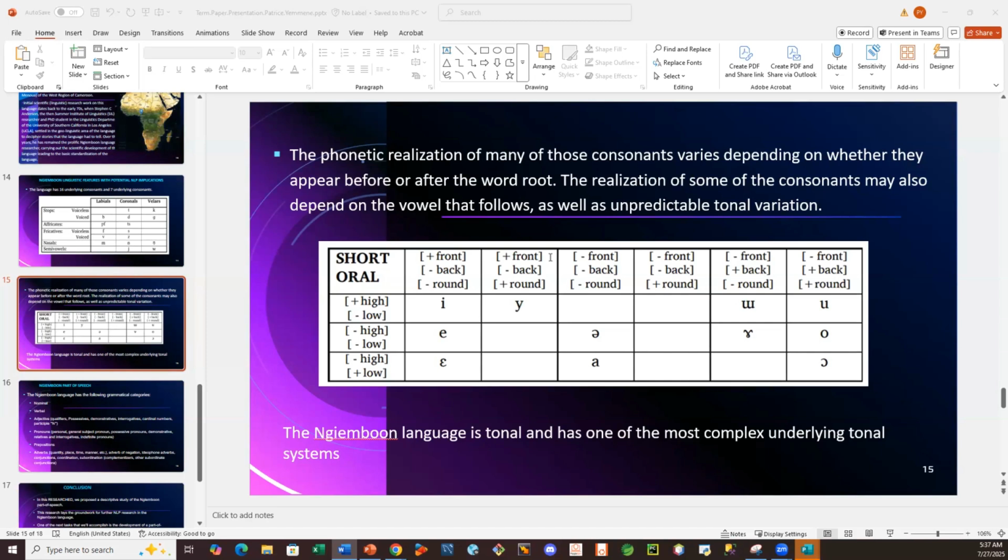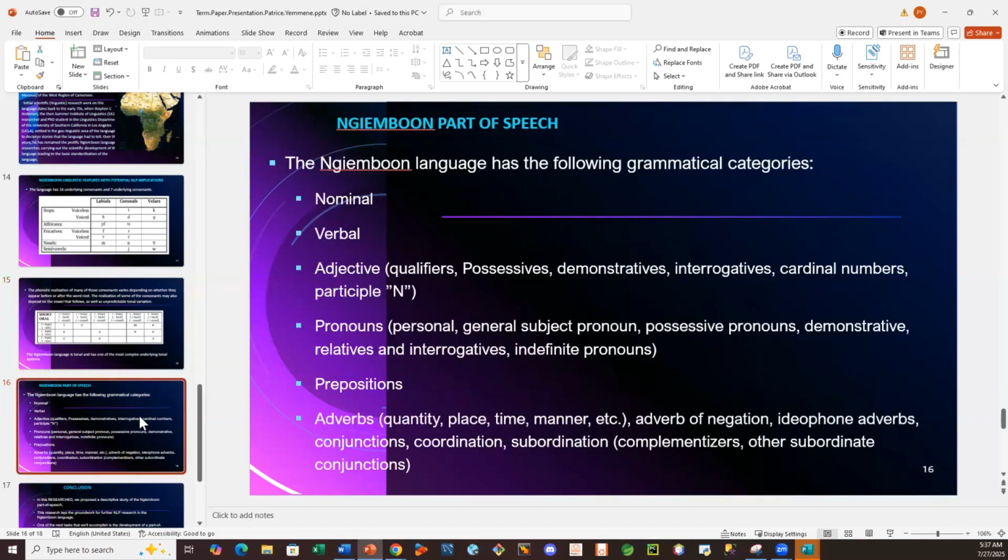And so the Ngiemboon language has 4 main tone melodies on nouns and verbs: the rising tones, the downstep high tones, the low tone, and the low falling tones. Some of these linguistic realizations are actually prerequisites for a clear determination of the Ngiemboon grammatical categories.